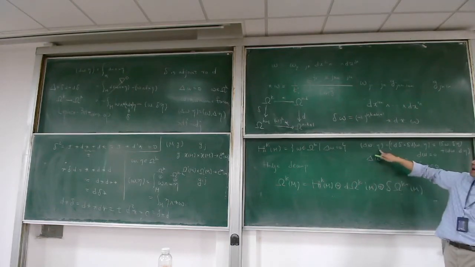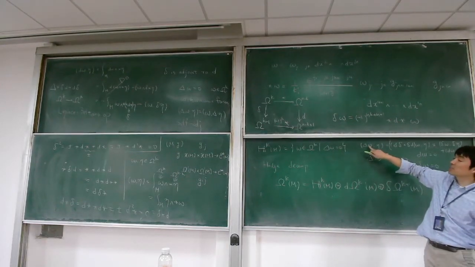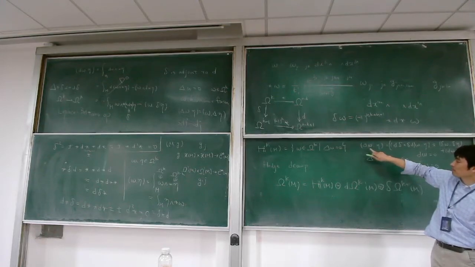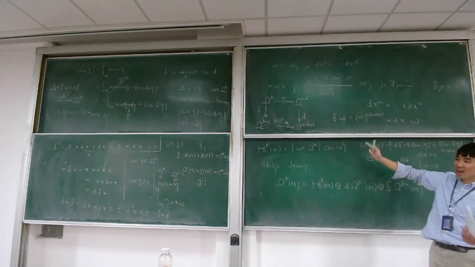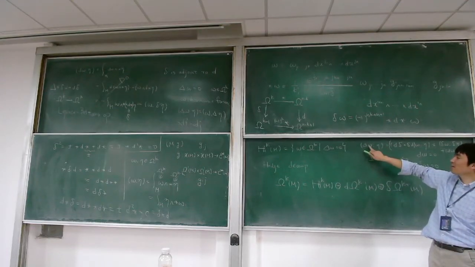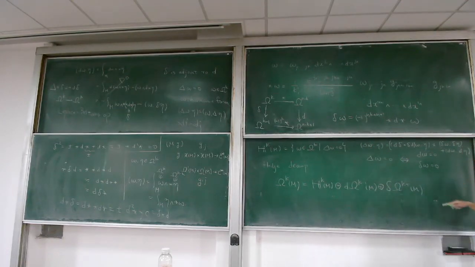And then once you apply eta, one can indeed see this is again non-degenerate. So therefore delta omega equal to 0 if and only if delta omega is 0 and d omega is 0. Okay, do you understand?